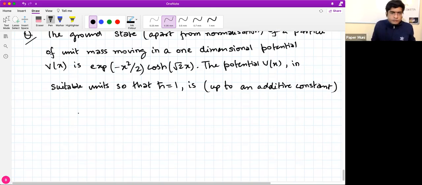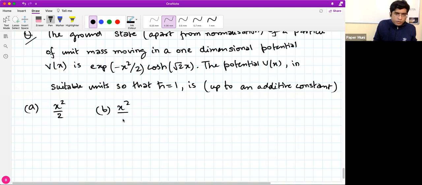Options are, now this equation has two methods to solve it. One is the usual method, the Schrodinger's way. I'm giving you the hint also on how to proceed, and the other is plotting. If you can plot the functions, you can easily solve this question.